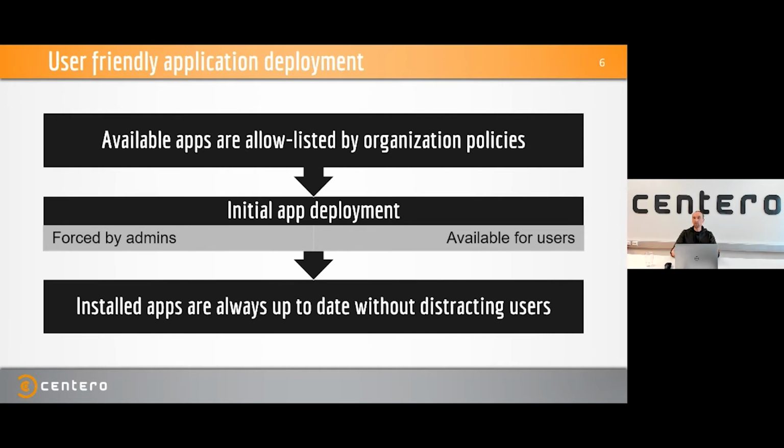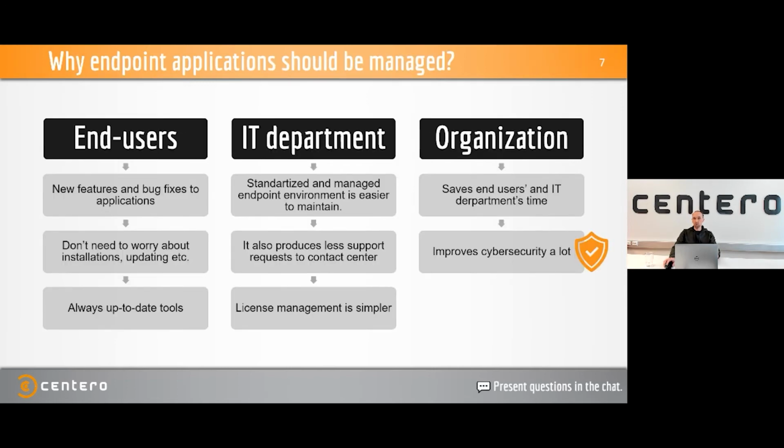And of course, we know that especially the smaller third-party applications are updated a lot because there are a lot of holes to fix there. So you need to fix those applications and update those applications. So very important. Whether the initial deployment is by admin or by user, you need to make sure that the applications are actually up to date.